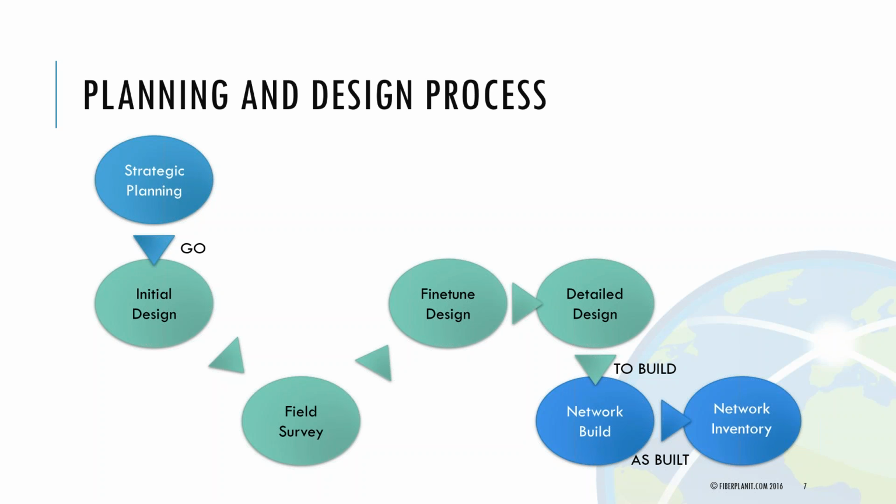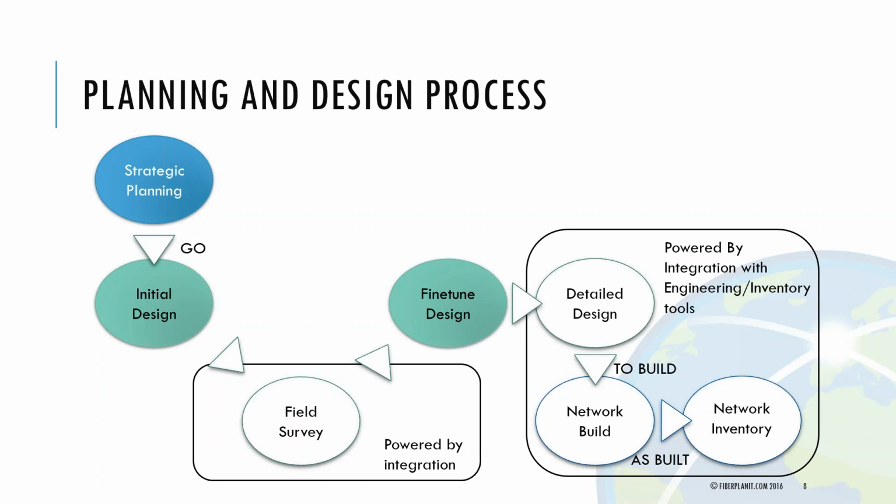Normally you will have to make some changes to this design, so you will get back to the office to fine-tune the design that you made and turn it into a detailed design where you have your splicing schemes, construction plans, and so on, so that you can actually do the build out and then also store the information. So store your complete network that you built into your network inventory tool. This is the end-to-end process.